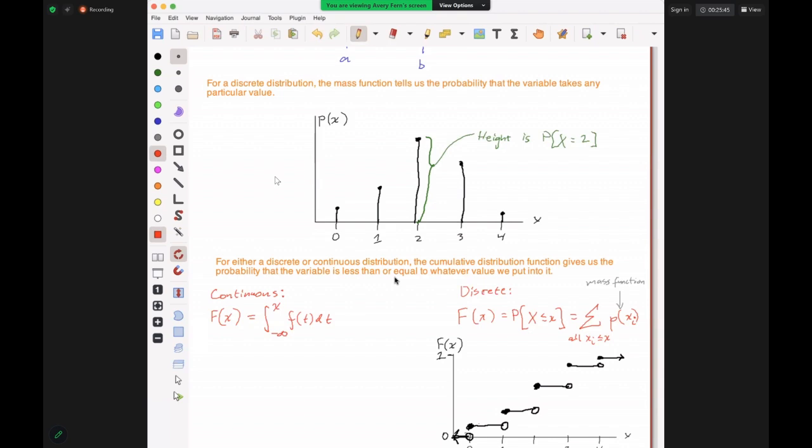What do you mean by that? It's the integral from negative infinity to x of our density function.